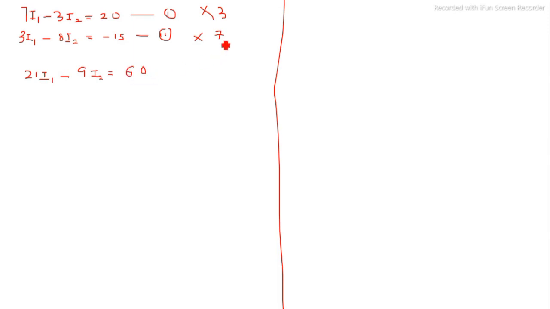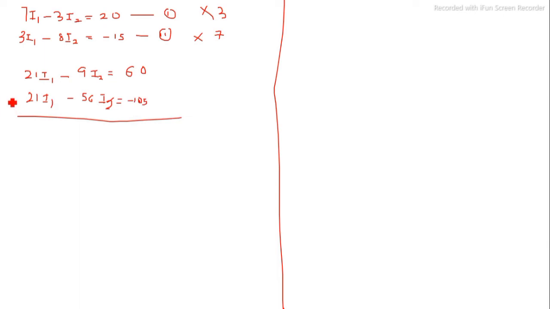For the second, 3 times 7 is 21 I1, 8 times 7 is minus 56 I2, equals 15 times 7, that's minus 105.